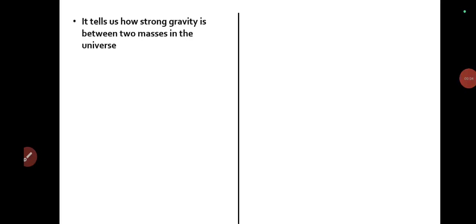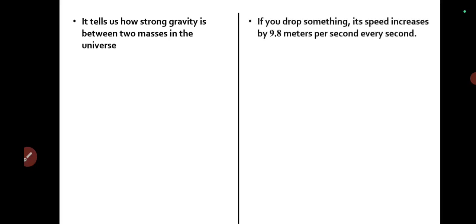So capital G tells us how strong gravity is between two masses in the universe, while small g tells us that if you drop something, its speed increases by 9.8 meter per second every second.